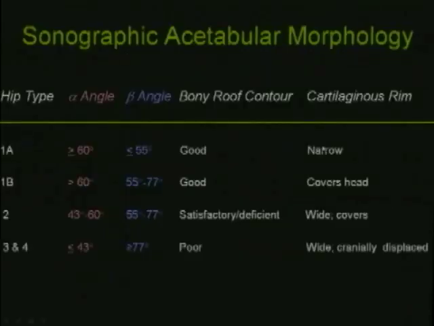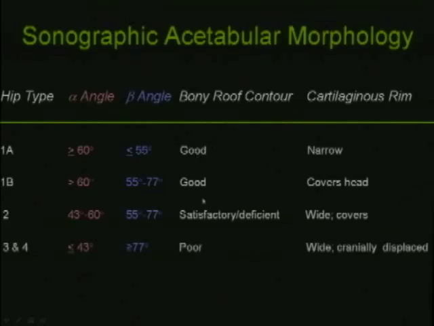So Dr. Graf developed this chart in which we can look across and see the various sizes of the alpha and beta angle, and see that as the alpha angle decreases and the beta angle increases, there is a much less satisfactory contour of the bony roof of the acetabulum.